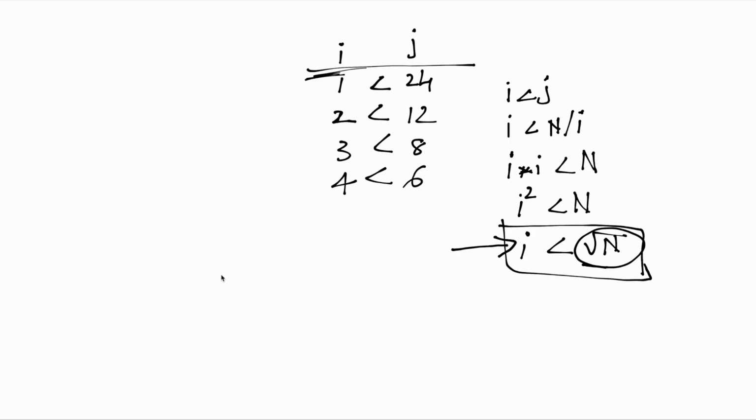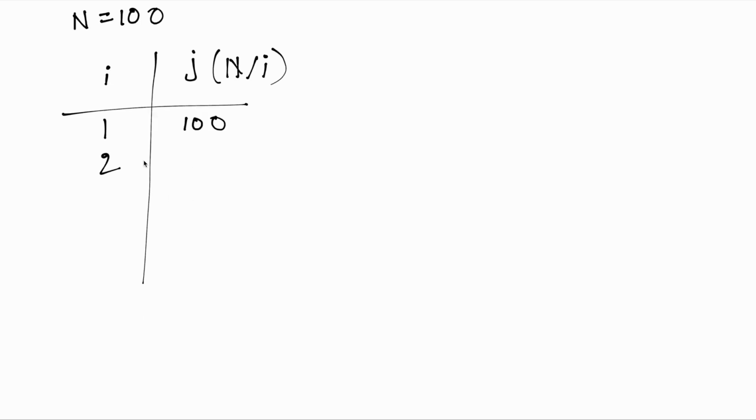Still there is a catch here. For example, if we take number 100, let's process i and j. 1 and 100, 2 and 50, 4 and 25, 5 and 20. There is another one, 10 and 10.